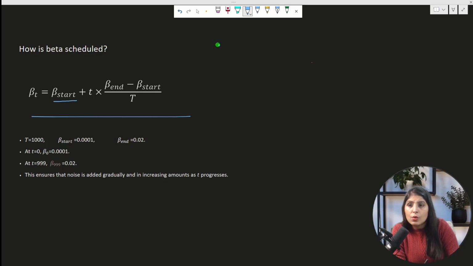Beta start, I have told you that in the paper the starting beta value, means the value of beta for time step 0, is 0.0001. And then we also know beta end means the beta value at the final time step, because total time steps we have is 1000 as per the paper, right?